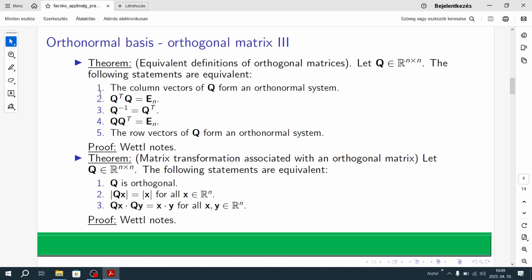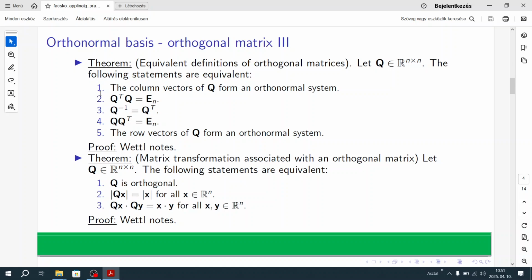So the length of this vector, they are the same.